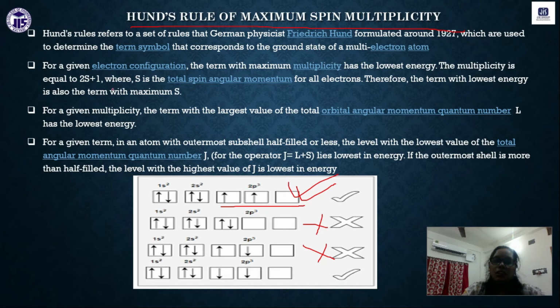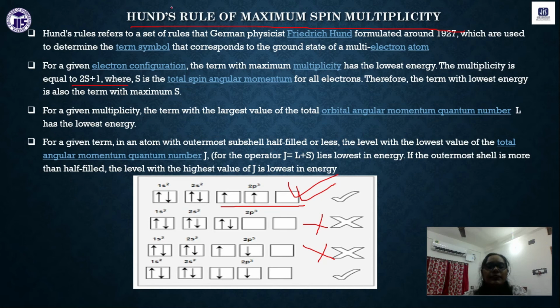That is 2S+1. For this case, the value of 2S+1 is higher than in the other cases. So that's why, like with the five d orbitals we have, first of all the levels will be filled by single electrons, and then if we have extra electrons, only then can we pair up the electrons in the d orbital.